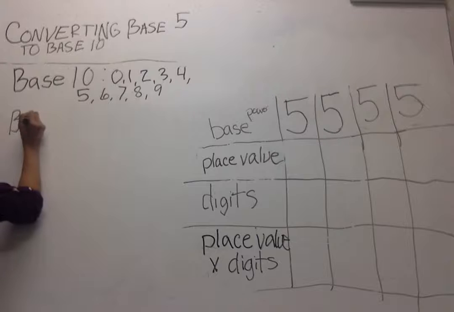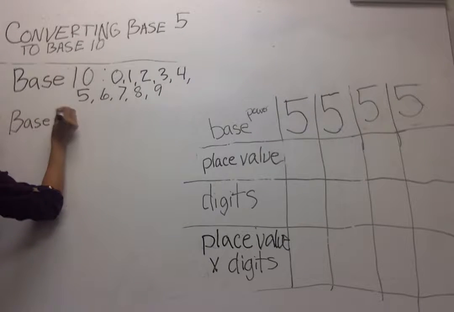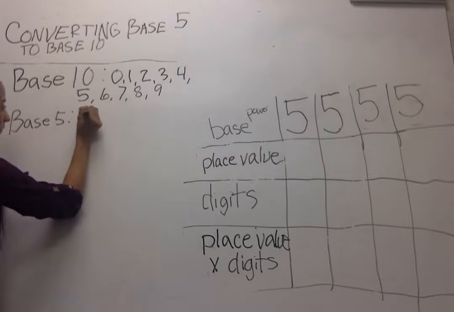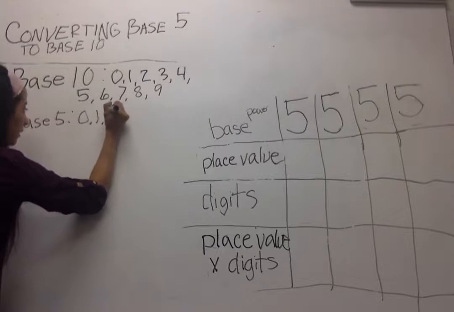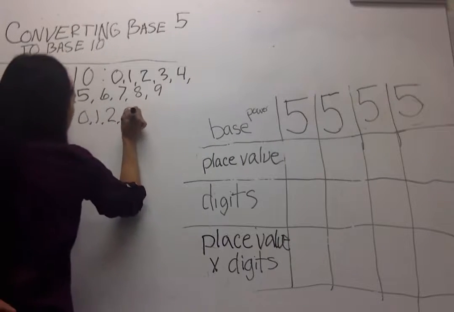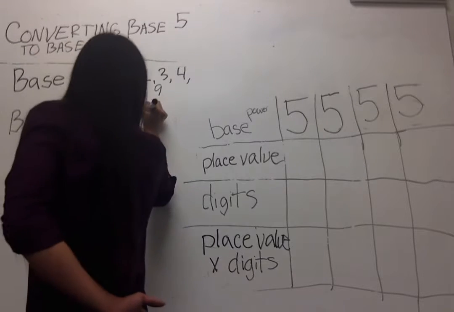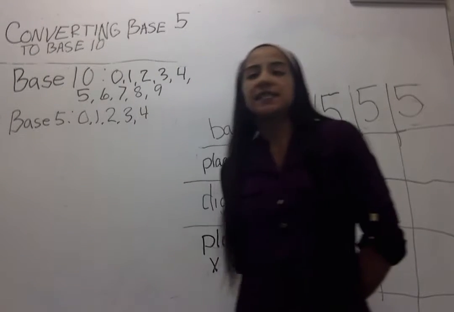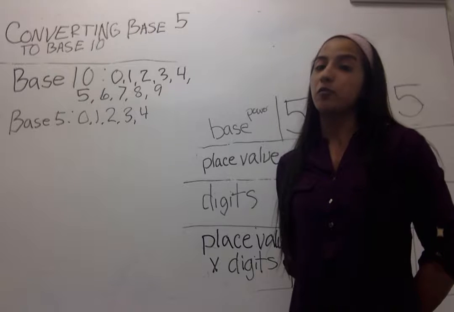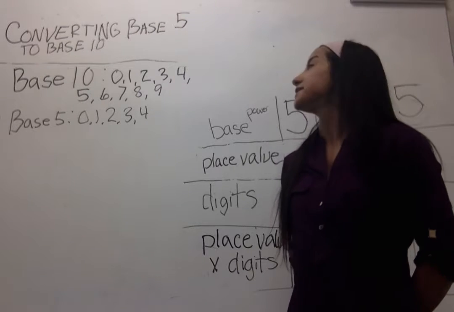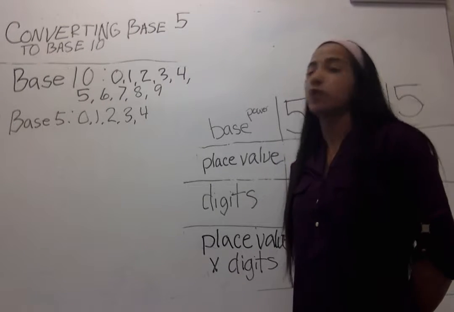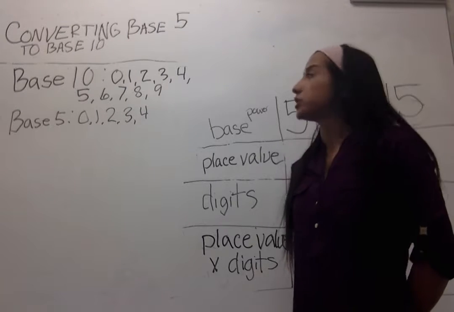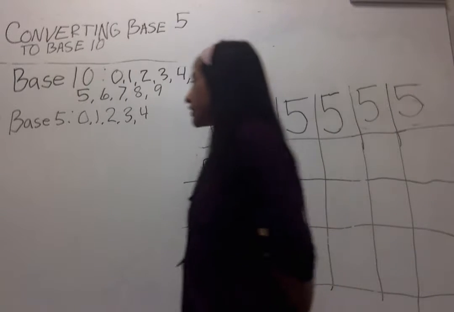The base system we are going to be using today is called the base 5 system. The base 5 system is a little bit different. It only has 5 digits from 0 to 4. 0, 1, 2, 3, and 4.